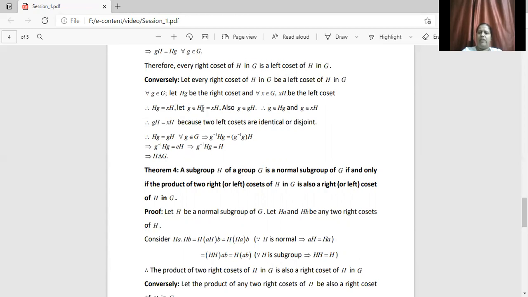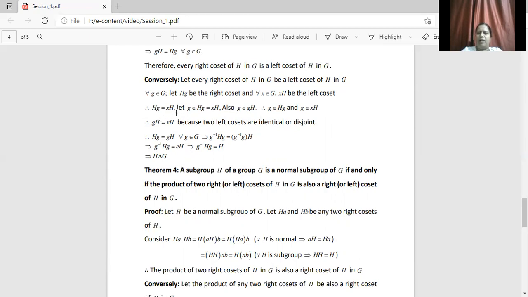That means we have a left and a right coset of H in G. That is, Hg is the right coset and xH is the left coset. Therefore, Hg is equal to xH, because it is given that every right coset of H in G is a left coset of H in G.